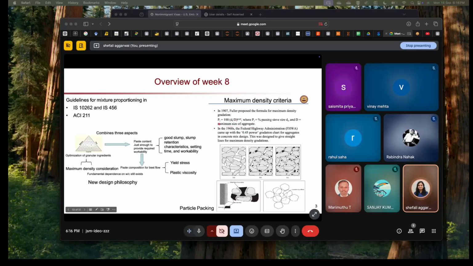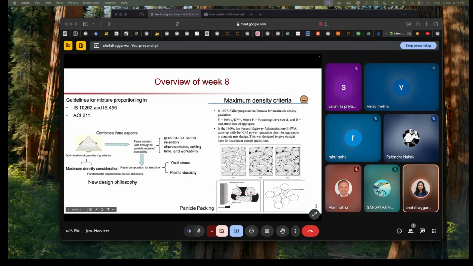In this case, pi is the percentage passing sieve size. Like if we have to do concreting, grouting, our particle should not be greater than 4.75 mm. So in that case your sieve size should be 4.75, and from that you will get the maximum size of aggregate which you can use in that type of concreting. So this is what we call the maximum density criteria.